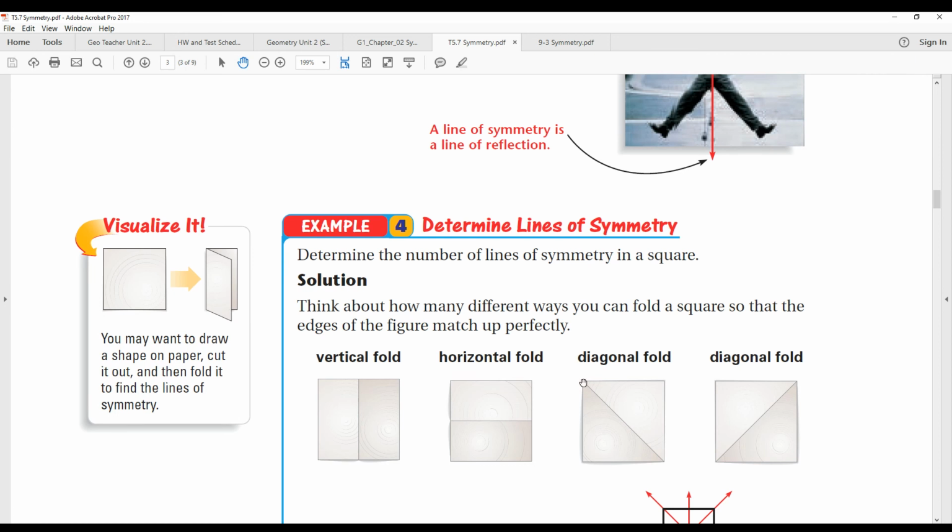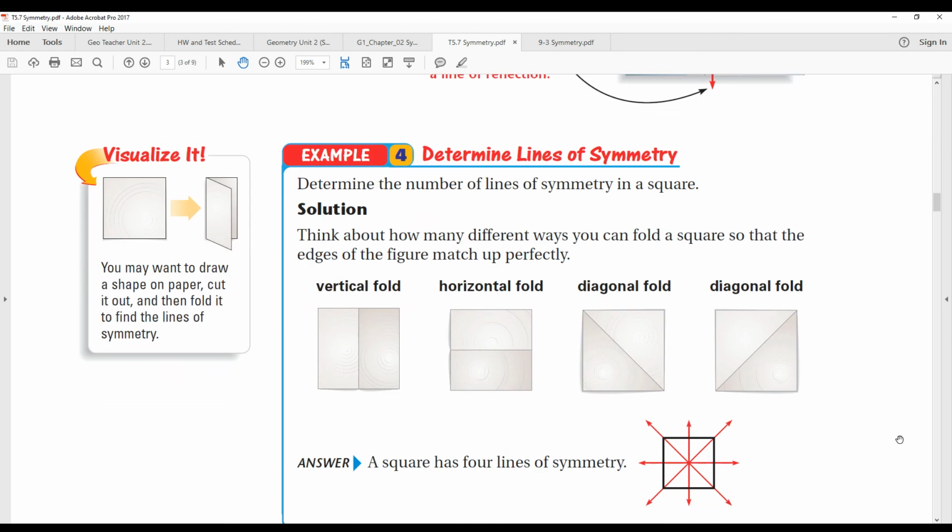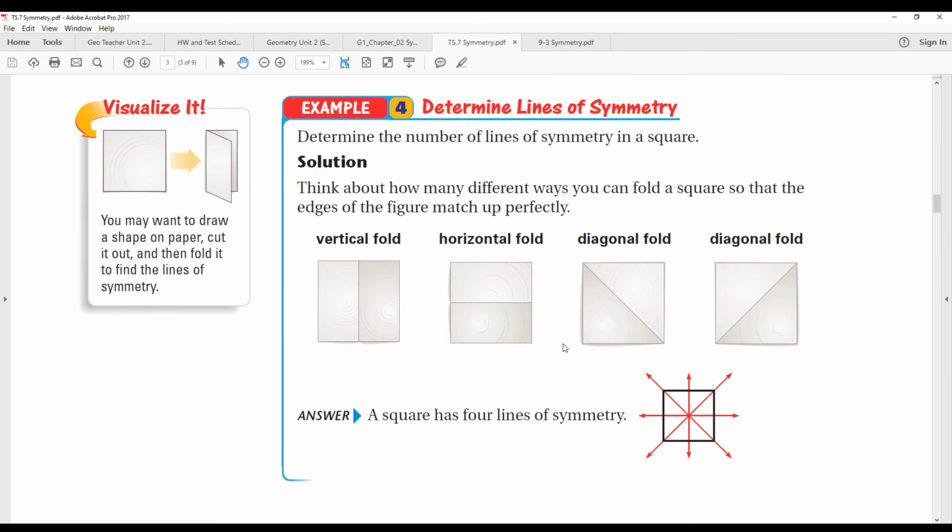You can also go from vertex to vertex. And on some shapes, you can even do both. So on this one right here, we've got vertex to vertex, midpoint to midpoint. Because all of these sides are the same length, you can see we've got several lines of symmetry.